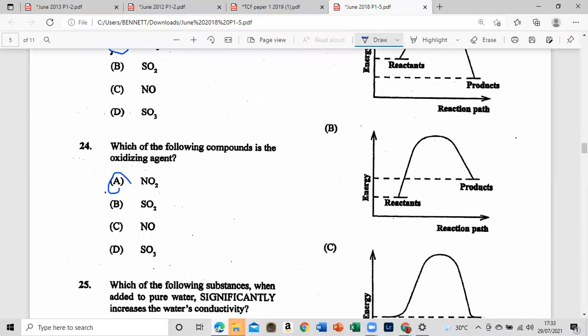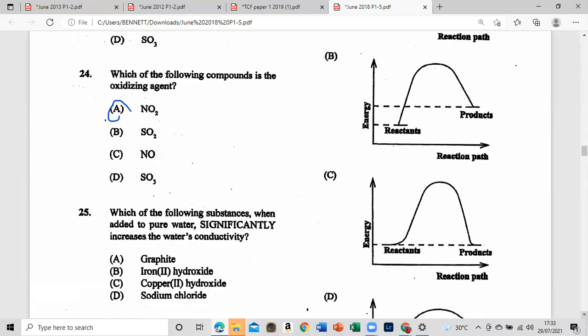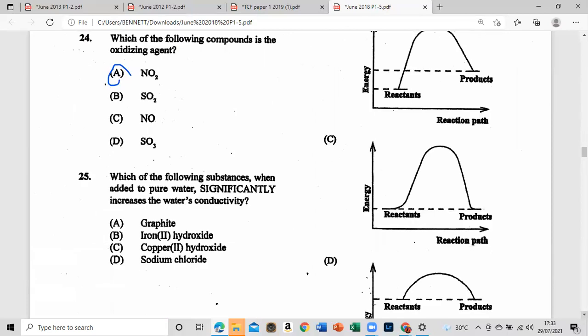25, which of the following substances, when added to pure water, significantly increases the water's conductivity? Is it graphite, iron 2 hydroxide, copper 2 hydroxide, or is it sodium chloride? And it is indeed sodium chloride.